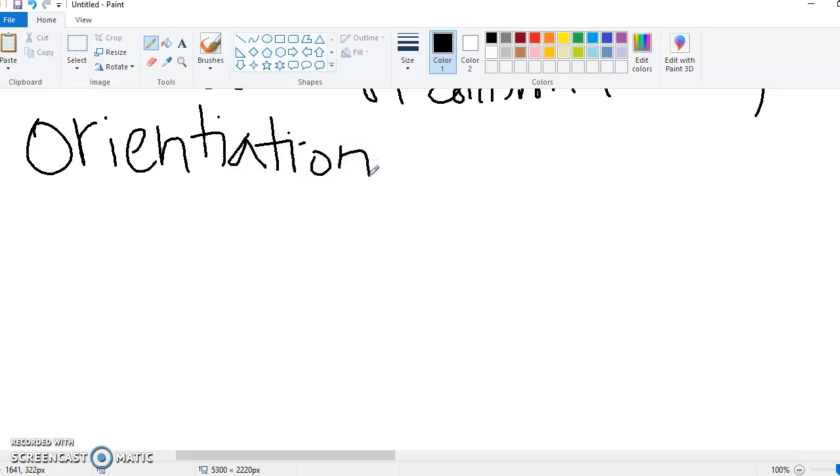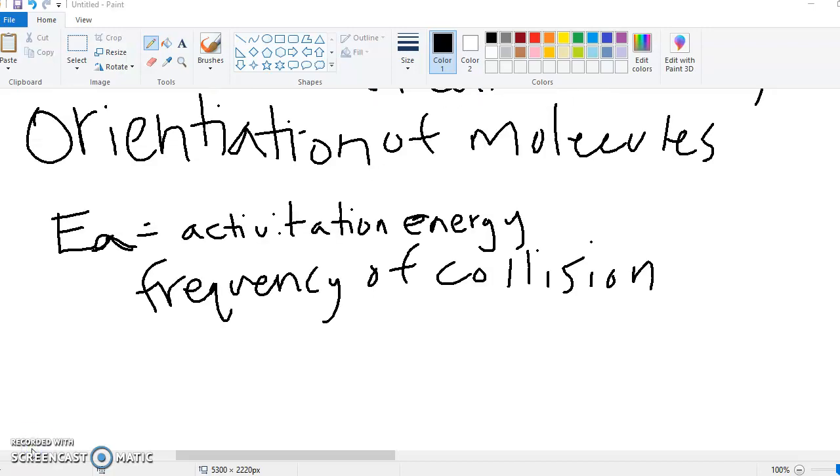So now we know that we have to have the right amount of activation energy, the right frequency of collisions, but also the right orientation in order to break those bonds and form new bonds. So what determines the rates now is the orientation of the molecules, the activation energy, and the frequency of collision of the molecules.